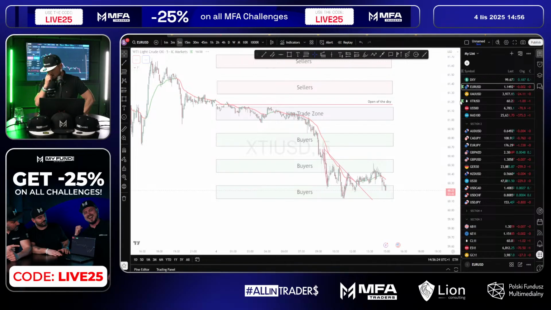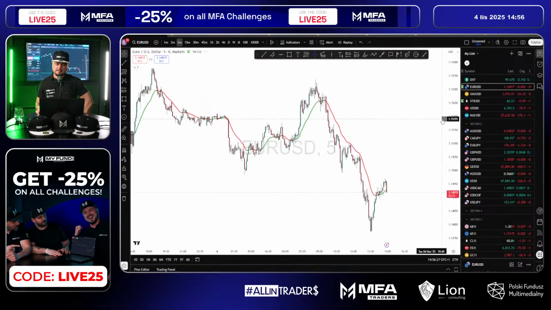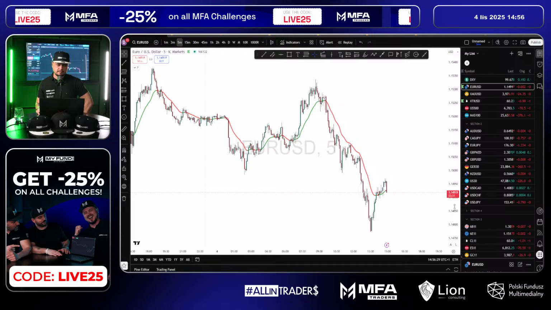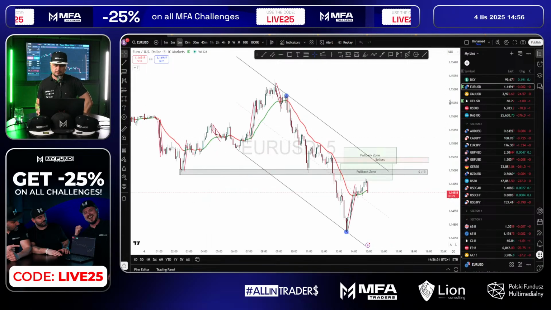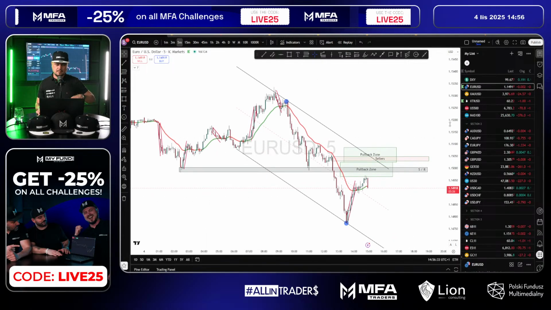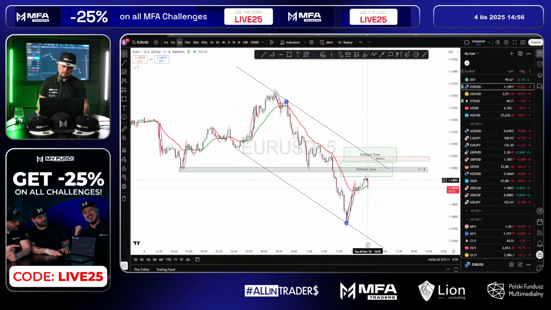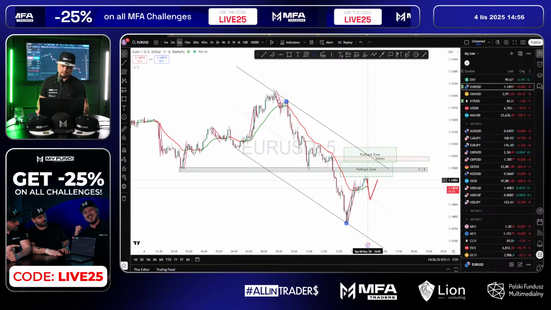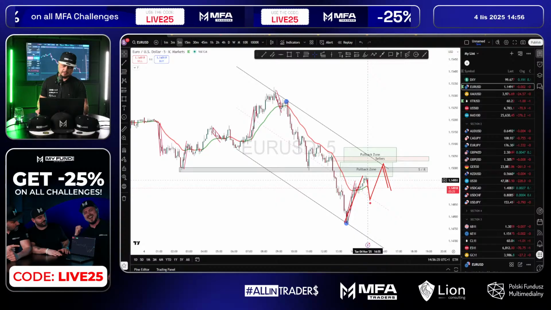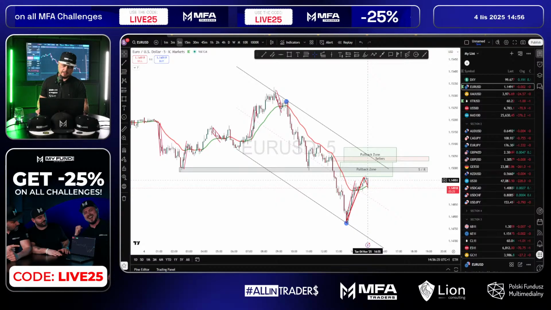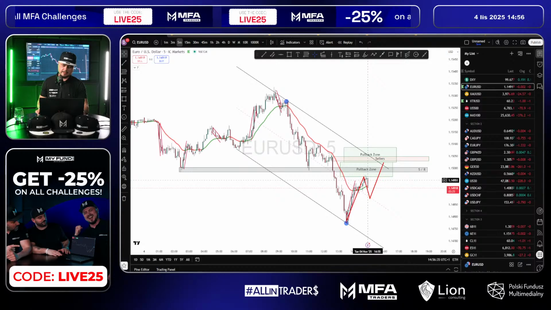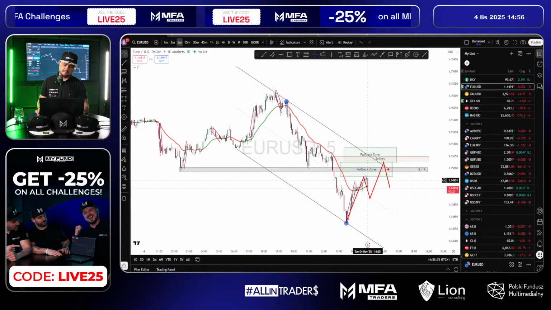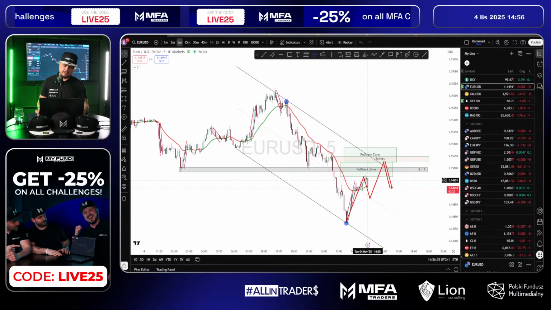Yeah, it's too tight. Okay, let them drop down, come back up, try. Second try of buyers. I want to see beginning of micro rotation in this area.